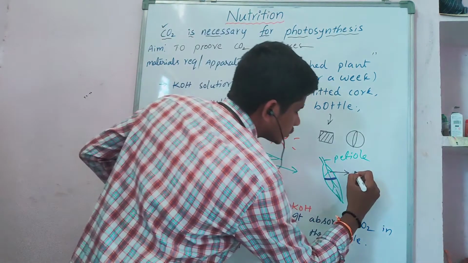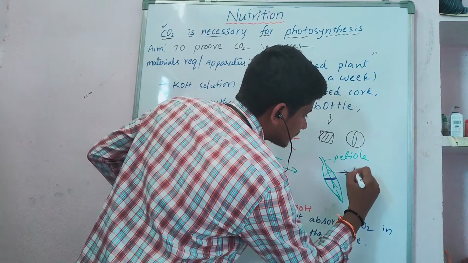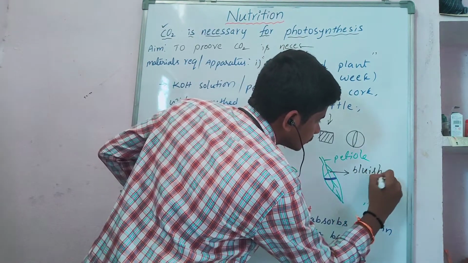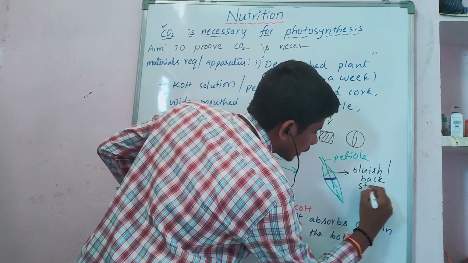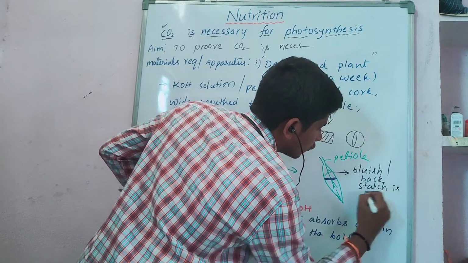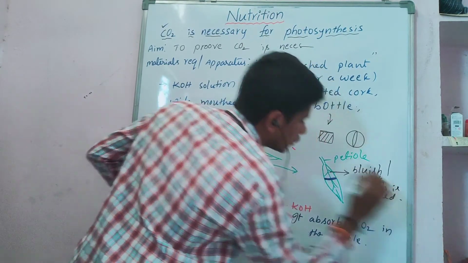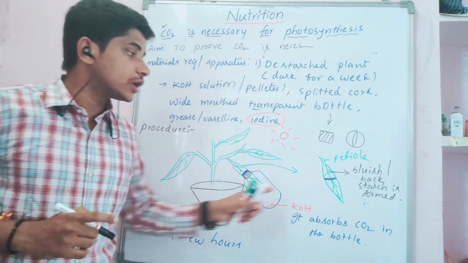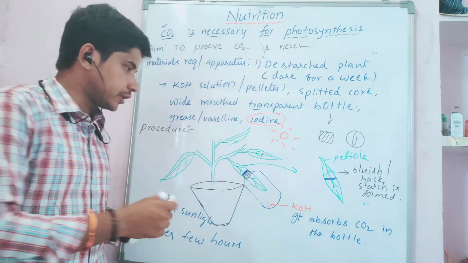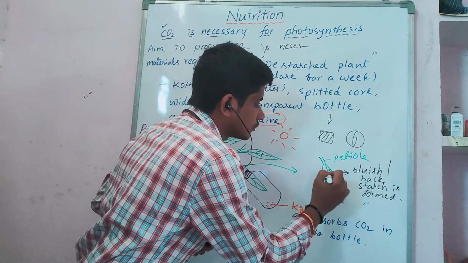Now this part turns bluish black in color, and it confirms the starch is present. Starch is formed. That means the half of the leaf which is outside the bottle shows the formation of starch.